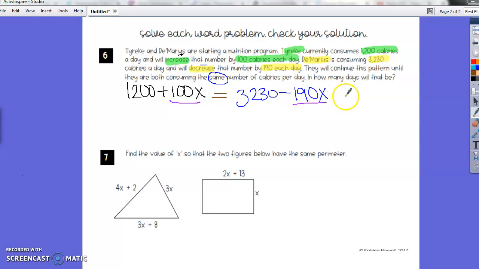Because we always move the smaller X. So would you rather have 100 xylophones or negative 190 xylophones? So the negative number is smaller. So we're going to undo the negative 190x. So to undo that, we're going to add it to both sides.